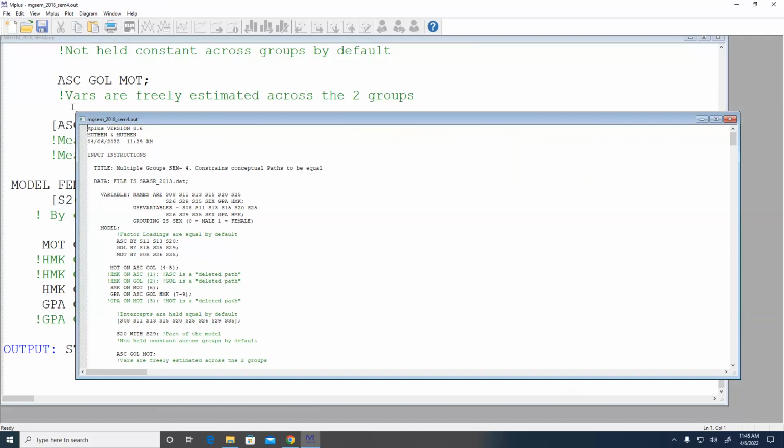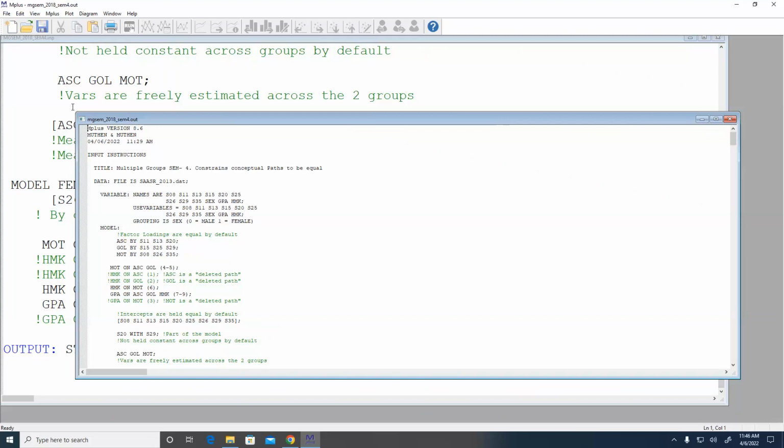Chi-square. Well, if you look on page 36, the chi-square is on 37, 115.7. With 94 degrees of freedom, is that a statistically significant difference?